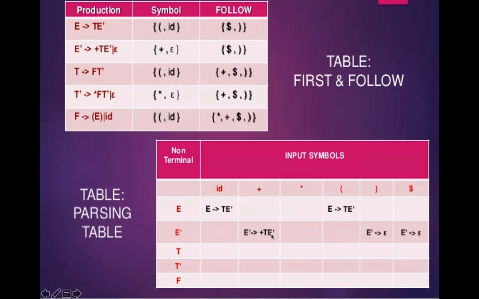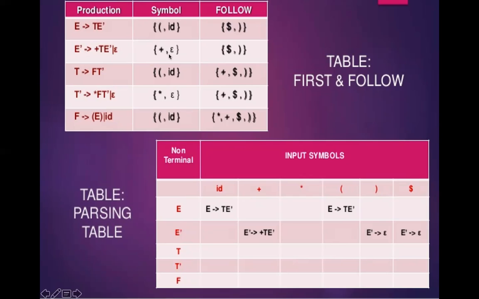Here we got in first a null operator, so we need to go to the follow also. Under the follow just write E dash tends to epsilon under these two symbols, that is dollar and closing bracket. So under the dollar and the closing bracket we need to write E dash tends to epsilon, because we got first as epsilon in E dash.